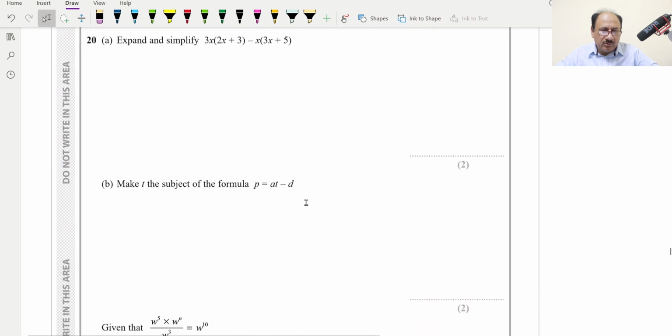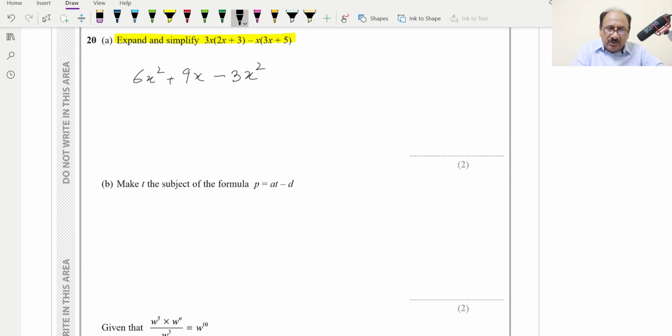Now question number 20, expand and simplify. This is algebraic expression. So 3x multiplied by 2x will be 6x squared, plus 3x multiplied by 3 will be 9x, and minus x multiplied by 3x will be minus 3x squared, and minus x multiplied by plus 5 will be minus 5x, and further we have to add the like terms.